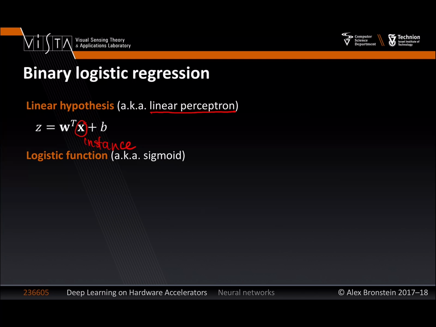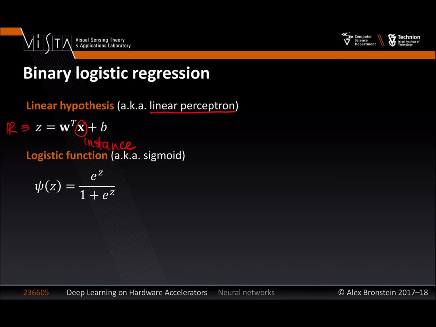Then what we did, we used the logistic function, which is also called the sigmoid function. Basically, this fraction of the exponential over 1 plus the exponential, and we transformed the output of the hypothesis. Pay attention, this is a scalar output, right?